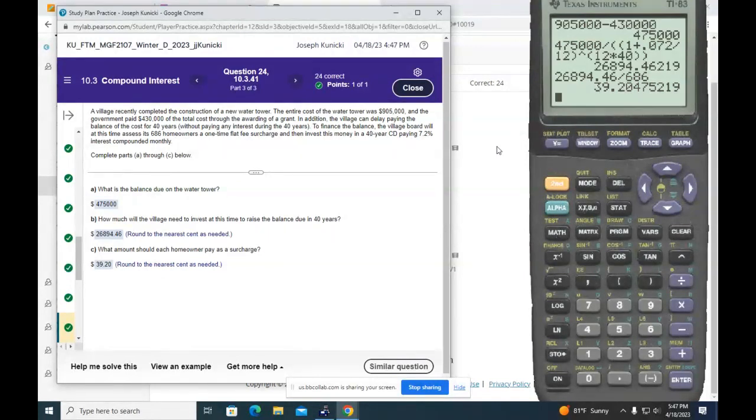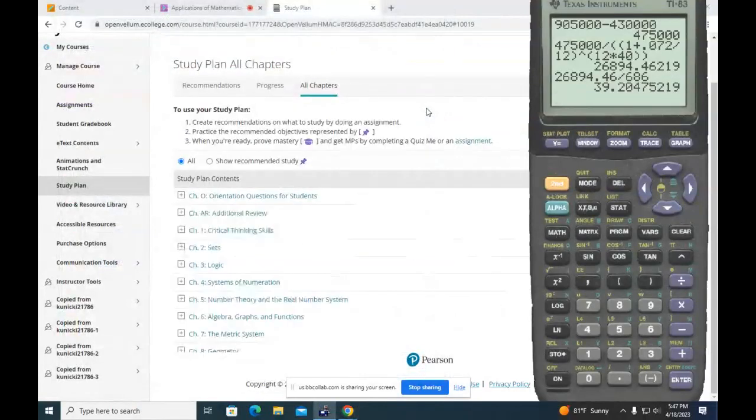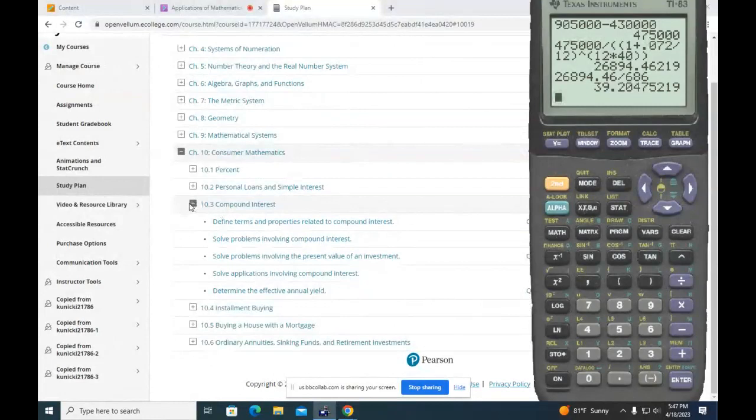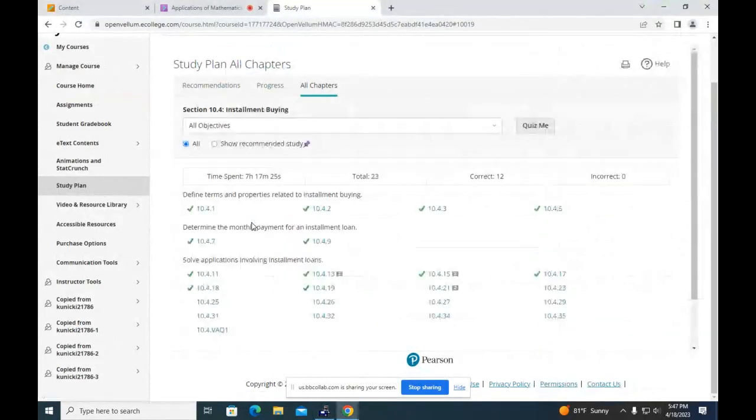Of course, it's 40 years down the road. Well, the government will be happy, huh? All right, so that's it for the first section with compound interest and APY. Now we're going to go to installment buying, section 10.4.